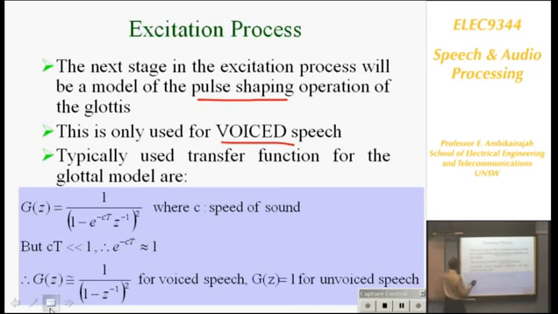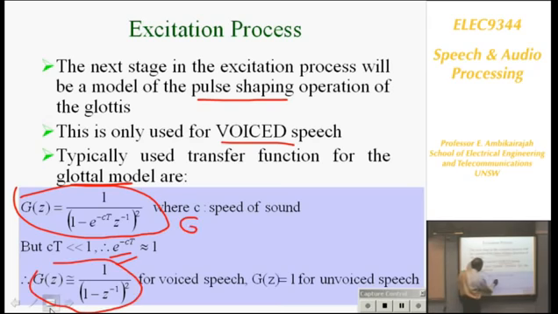So people have worked out and shown that the glottal model, that means excitation going through the glottal model, gives you a transfer function. And this is approximately equal to 1, where T is your sampling period. And you will find this works out to be your transfer function. What does the transfer function tell you?